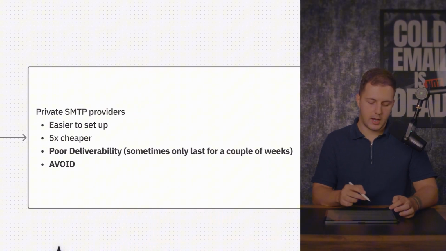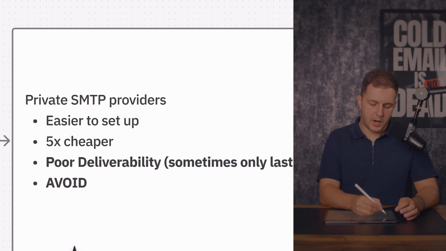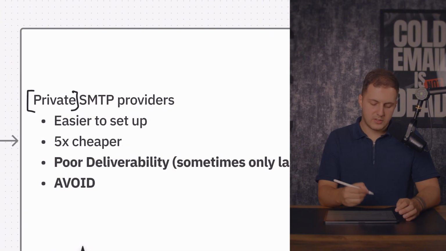One thing to keep in mind is that there are solutions online for private SMTP providers. And even though the word private seems like it's better, it's usually better, in this specific case, it's actually worse. These servers are from random people online, and you're essentially comparing them with shared Google's servers.